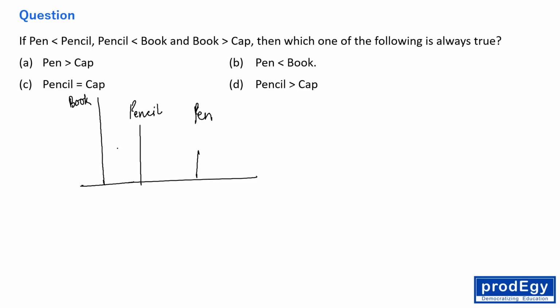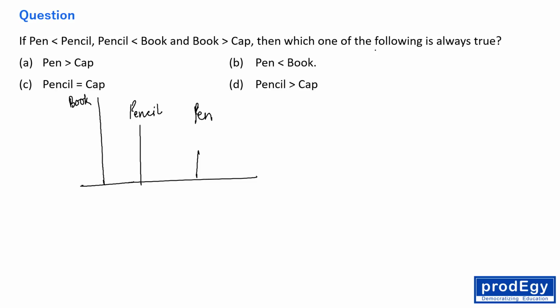So cap can come anywhere, but the height of cap is not known. Height of cap is less than book, that is for sure. But with respect to pencil and pen, what will be the height of cap? We never know, right? I repeat, cap will be certainly less than book, but what will be the height of cap with respect to pencil and pen? We don't know, right?